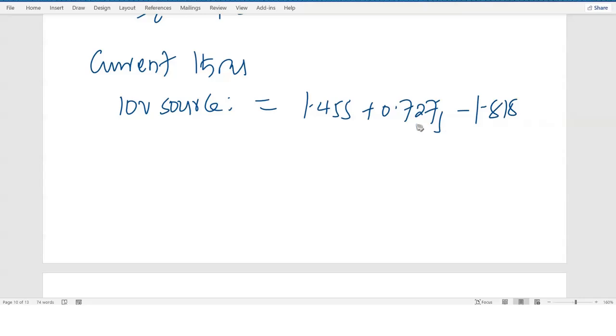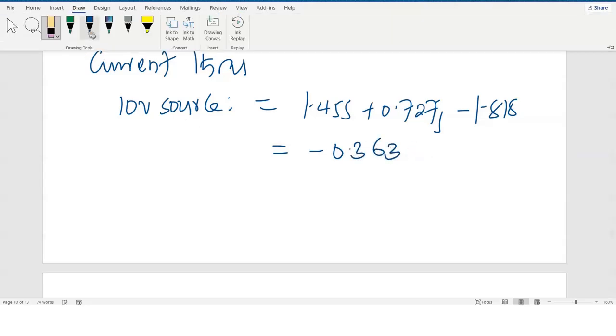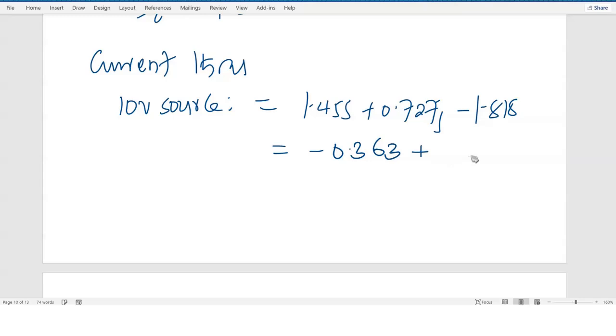So I have 1.455 plus 0.727j plus 0.727j minus 1.818. So we are getting negative 0.363 plus 1.455j.